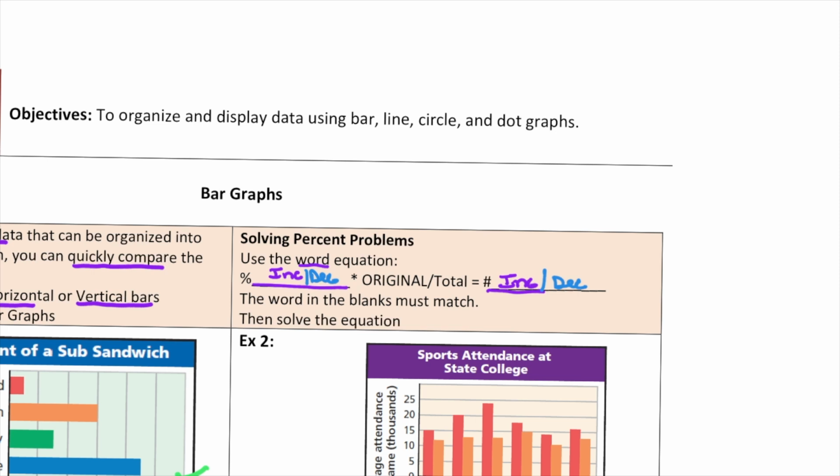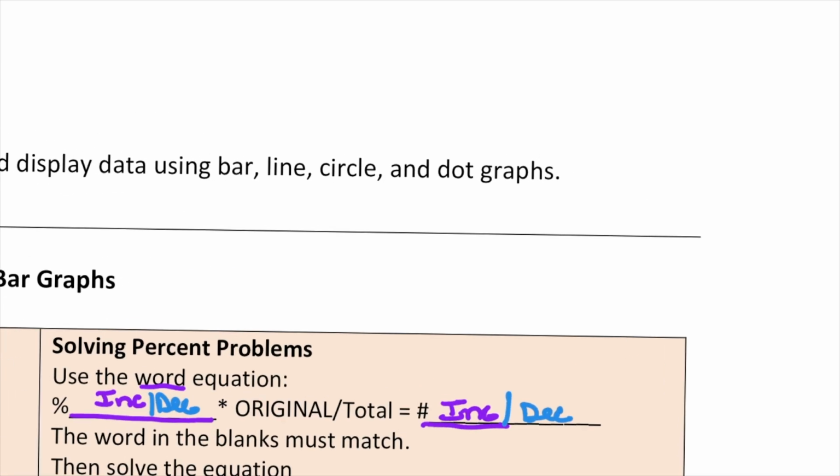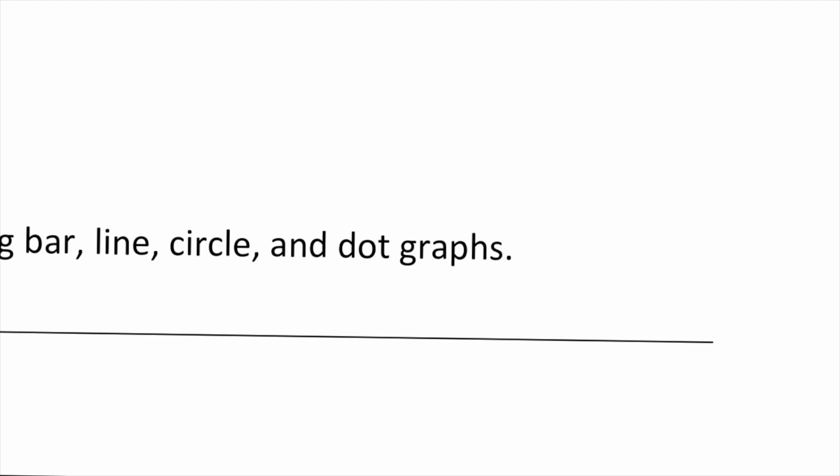For example 2, in which year did State College have the greatest average attendance for basketball? So let's look at this a little bit more closely. Notice that football is in red and basketball is in orange. We have the year across the bottom and the average attendance in thousands on the side.